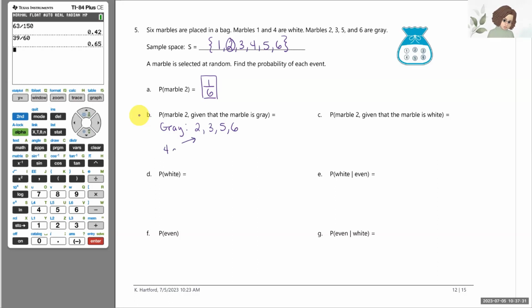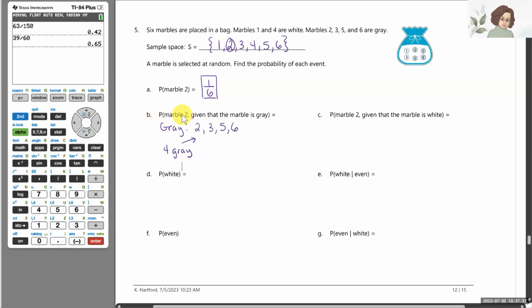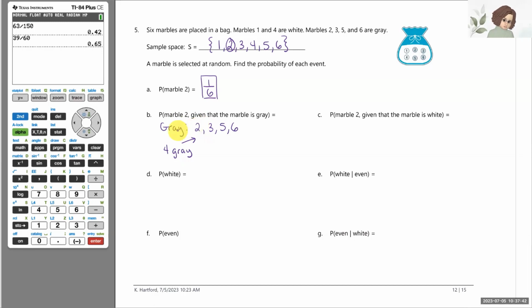So there's our denominator. And what's the probability we pick marble 2 looking at the gray marbles? There's still just 1 marble 2. So now our answer is 1 out of the 4 gray. All right, so if writing the formula is helpful, you can certainly do that as well. But like I said, I just want to sort of get through these with the idea of conditional probability.